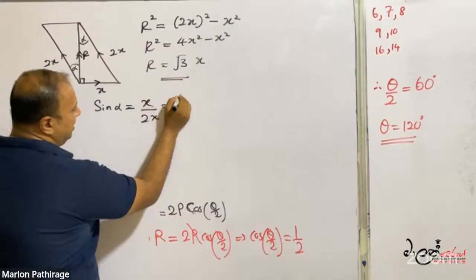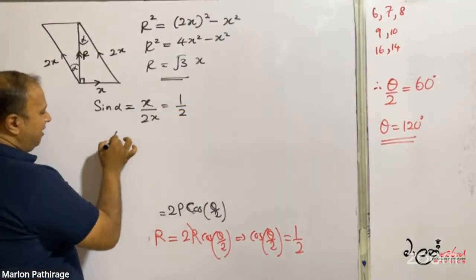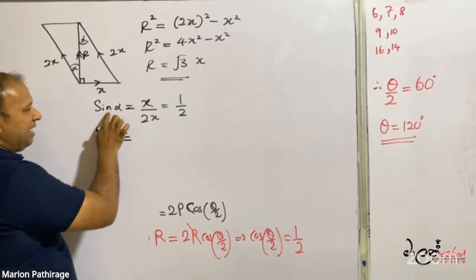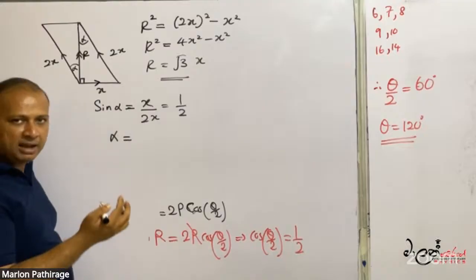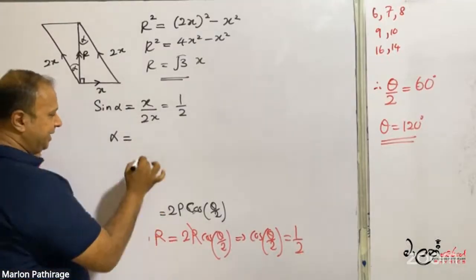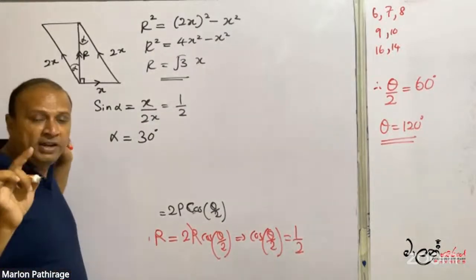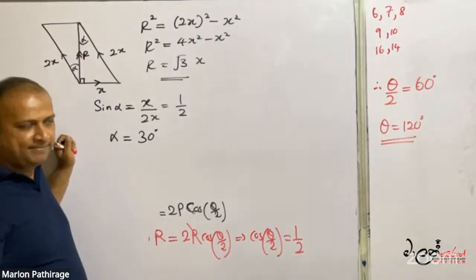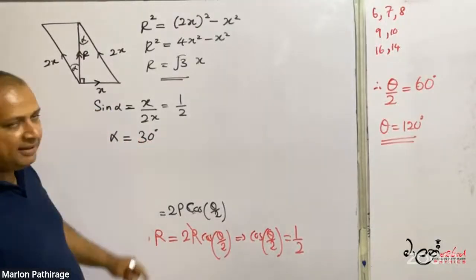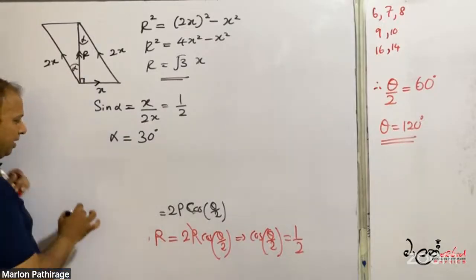That means half. Therefore, sine alpha is half, which means alpha should be 30. Because when a sine value is equal to half, the angle should be 30. Therefore, alpha is 30.